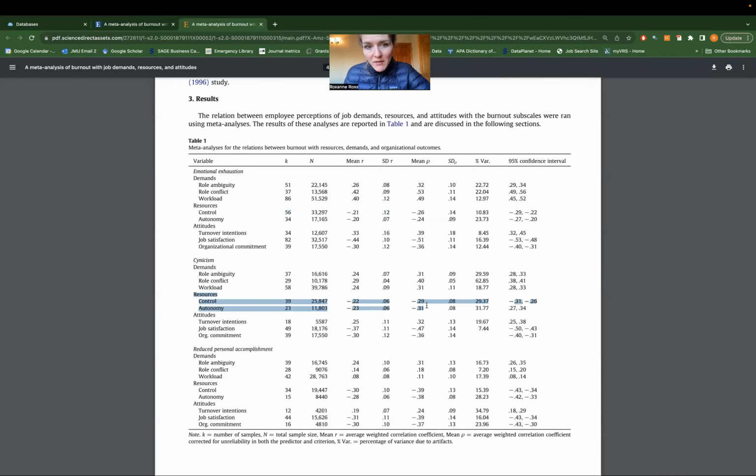They both have a medium effect with reducing cynicism, control, and autonomy. And then for reduced personal accomplishment, same thing. They actually have kind of a similar effect in terms of preventing burnout. And it seems like control and autonomy are most helpful when it comes to reduced personal accomplishment.